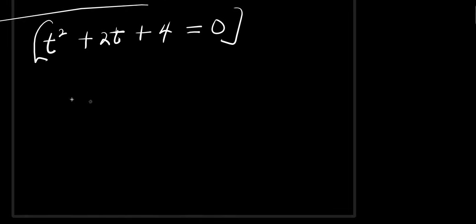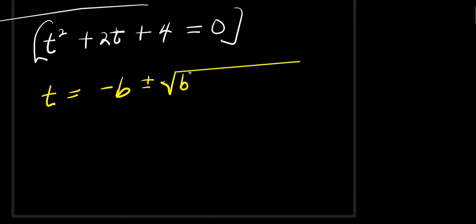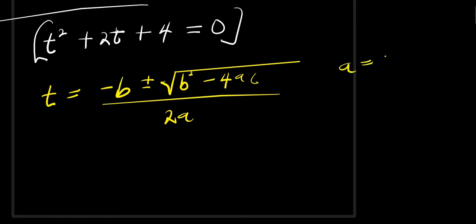So you write the formula with respect to t, negative b plus or minus square root of b squared minus 4ac divided by 2a. And from here we have a equals 1, which is the coefficient of t squared.